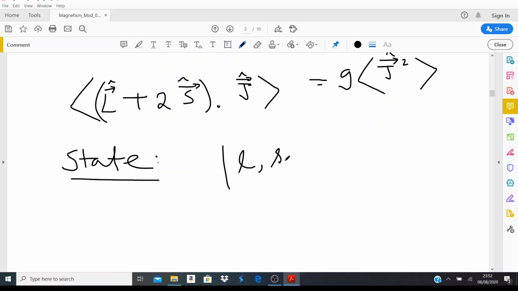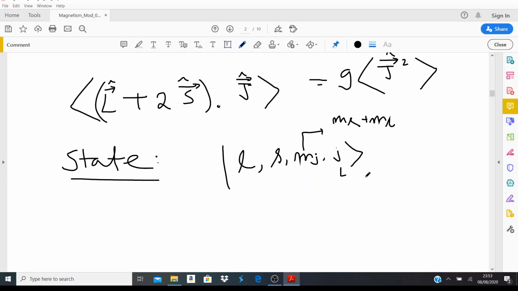Then S, then Mj and J. That's our state. And we remember what Mj is. Mj is nothing but Ms plus Ml, right? From previous lectures.